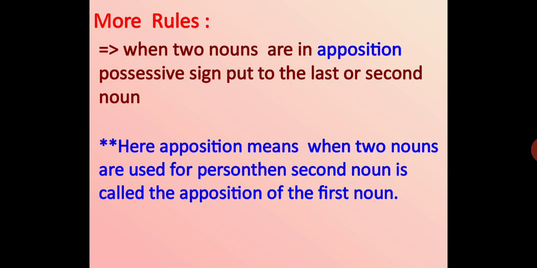Means we use two different words or two different nouns for the same person, only one person, then the second noun is called the opposition of the first noun. Let's see the examples and get clarity of this rule.